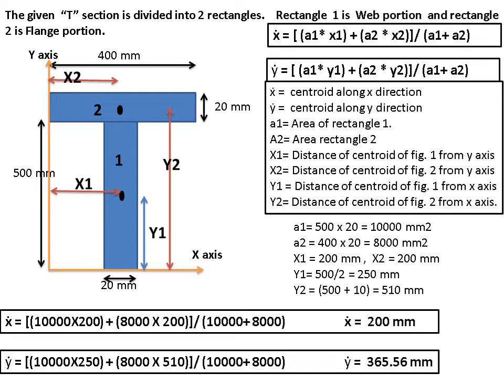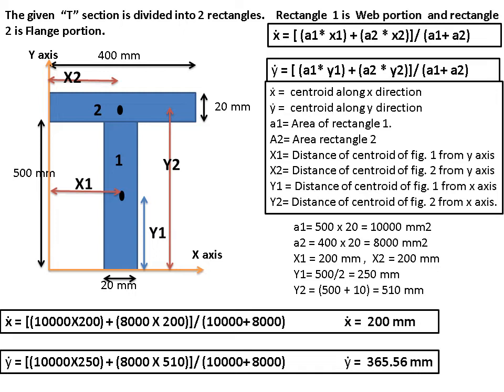We'll use the usual equation: x bar is equal to a1 x1 plus a2 x2, the whole divided by a1 plus a2. Similarly, y bar is equal to a1 y1 plus a2 y2, the whole divided by a1 plus a2, where a1 is area of first figure, a2 is area of second figure.